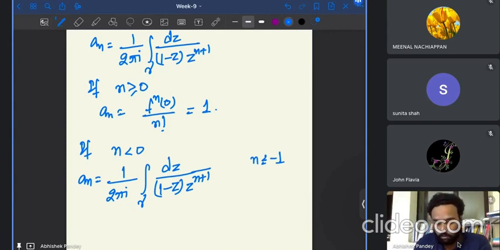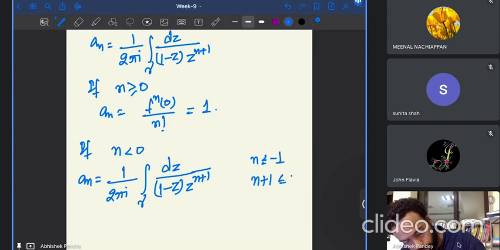Once you take z to the power n plus 1 to the numerator, this becomes an analytic function.